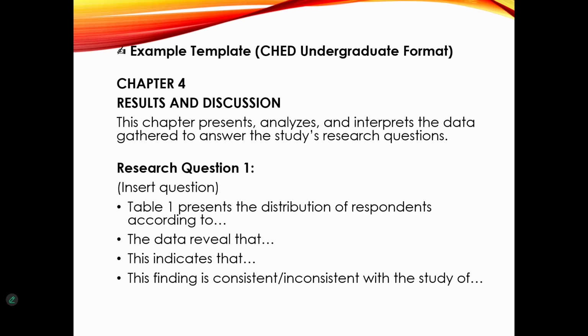And then for the last part, "this finding is consistent or inconsistent with the study of," and then you will mention a published research author and their results from their study. Okay, this is a sample format. I hope you learned this. As you can see, this is very easy. This is the usual format and the recommended format from CHED.